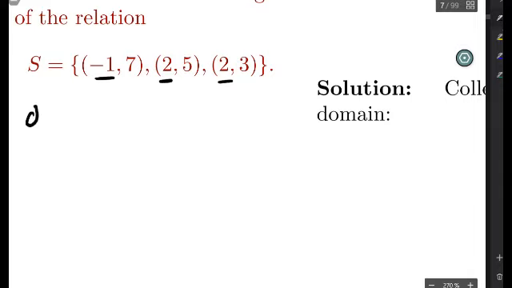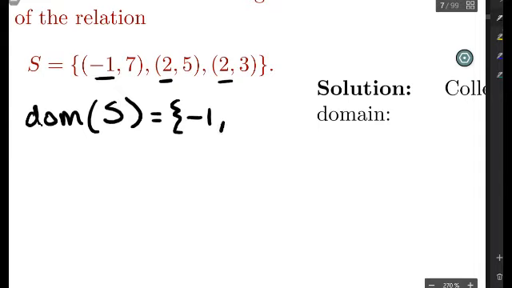So you can say DOM, short for domain. The domain of S is equal to the set -1, 2.